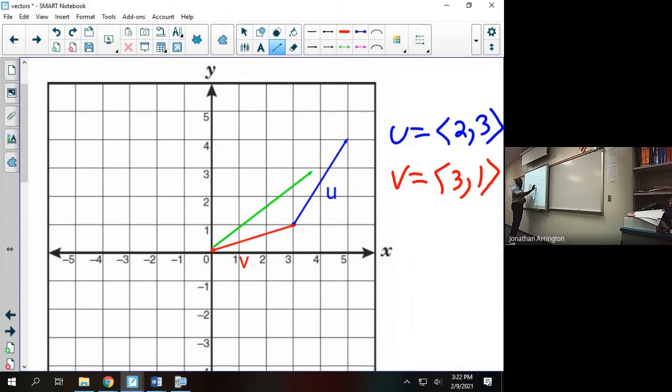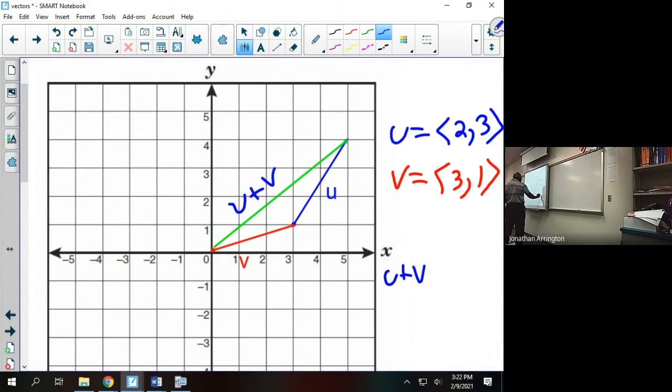So this is the resulting vector here, and that vector represents u plus v. Now, if you look at the components of the resulting vector, this lime green guy, maybe that wasn't the best color now that I'm looking. I should have chosen better, maybe next time. But the resulting vector has the components 5, 4.